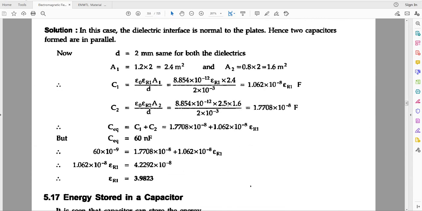So 60 nanofarads is equal to 1.7708 times 10 to the power of minus 8 plus 1.062 times 10 to the power of minus 8 into epsilon R1. Simplifying this expression, you get epsilon R1 equal to 3.9823. Okay, my dear students.